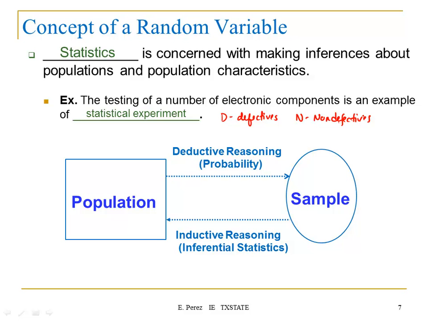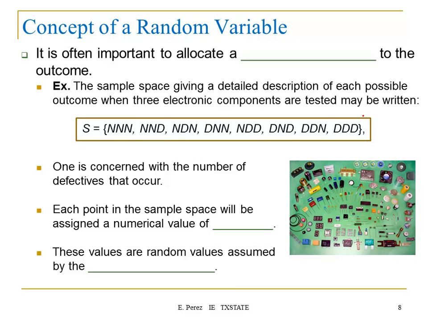And again, we are showing the relation between population and sample, and in deductive reasoning, you use probabilities to come up with the best way to sample from the population. And based on the sample, we're going to make some inference using some statistics. So it is often important to allocate a numerical description to an outcome. So far, we've been listing all the outcomes this way.